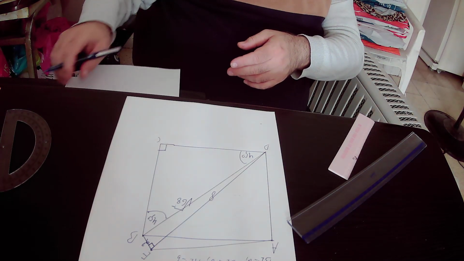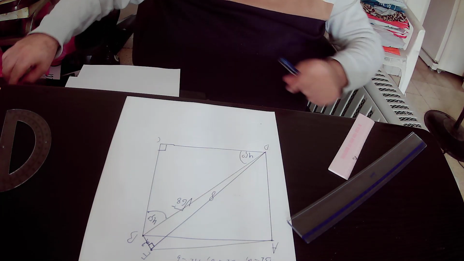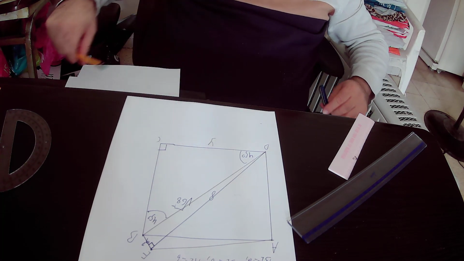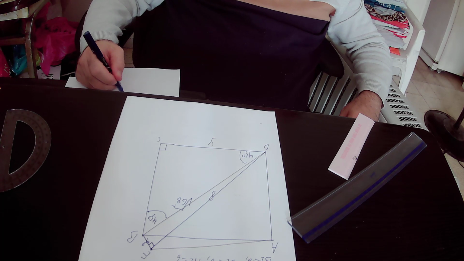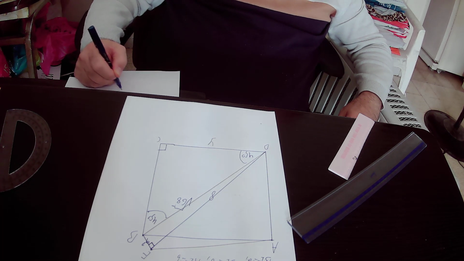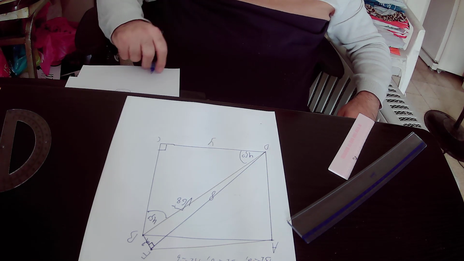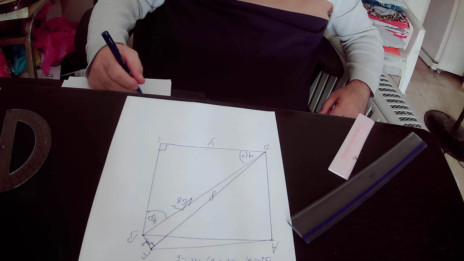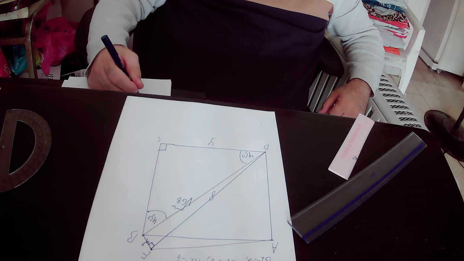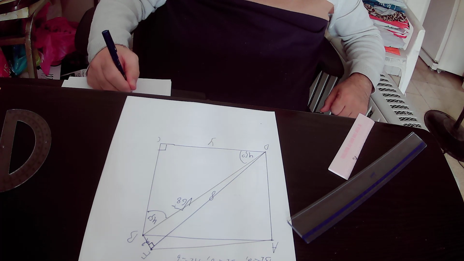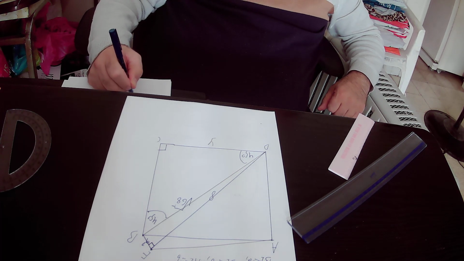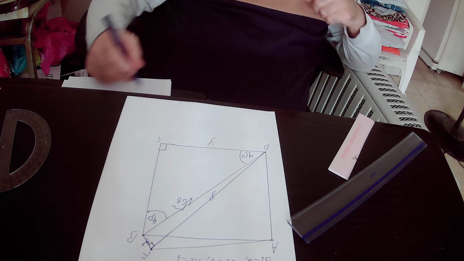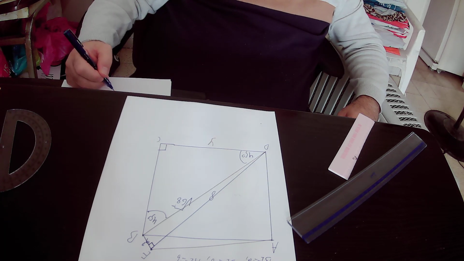So we will define DC as y, that is to say DC equals y, according to our definition. So cosine 45 degrees is root 2 over 2, or square root of 2 over 2, and it equals DC, defined as y, over DB.